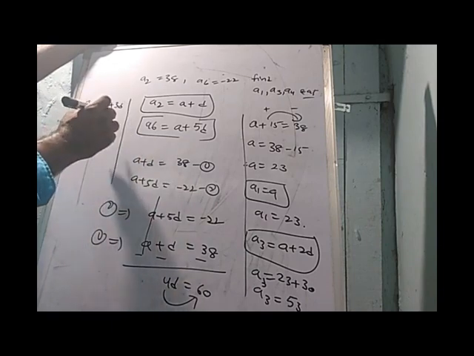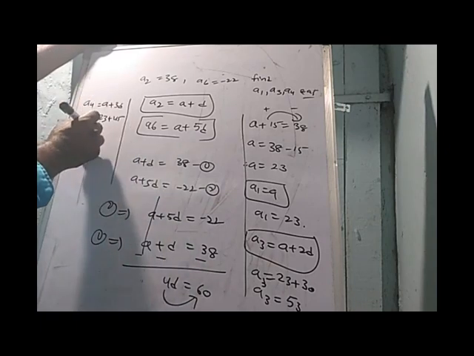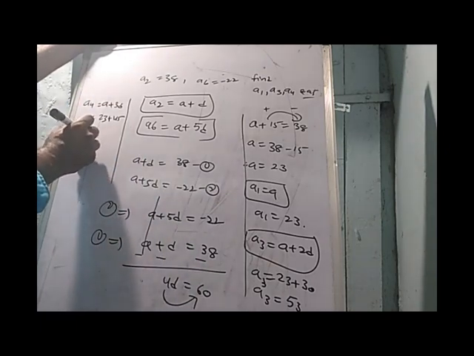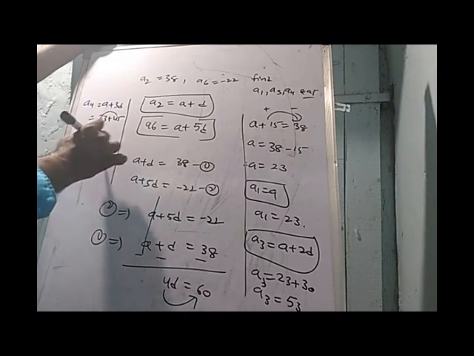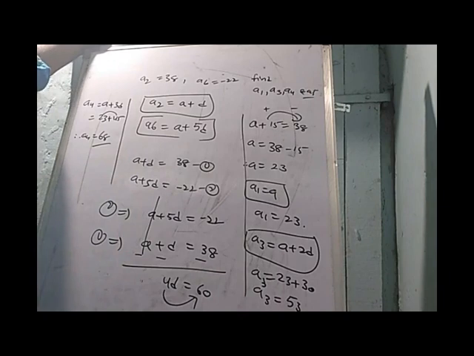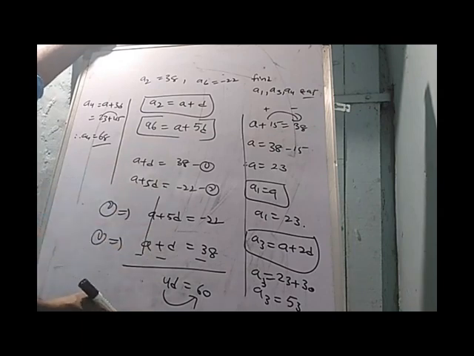What is the value of A? 23, and 15 threes are 45. The result is A4 equals 68. Similarly A5 also, A plus 4D. So 23 plus 15 fours are 60. So 83 is the value. Thank you.